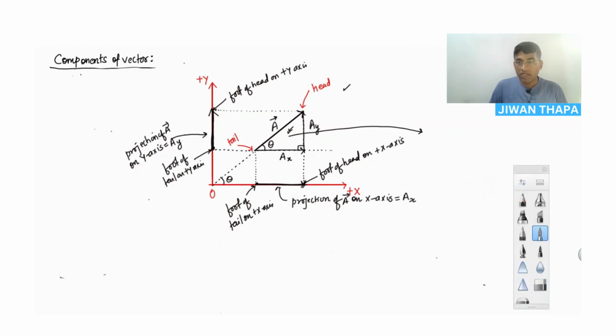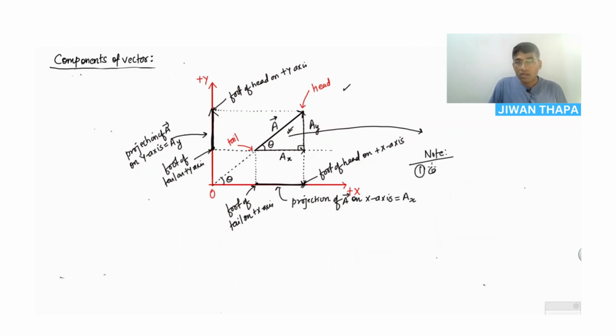There are a few points to be noted. One, components of a vector depend on the orientation of the coordinate axes.